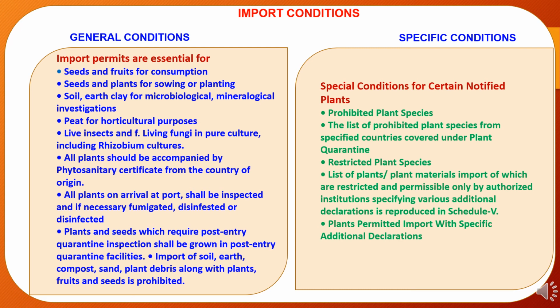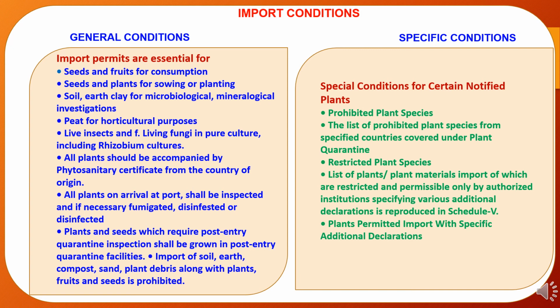All plants on arrival at the airport shall be inspected, and if necessary, they should be fumigated or disinfected. There are various plant materials which are not permitted, and some plant material is allowed up to 2 kg per person, but it may be subjected to inspection.